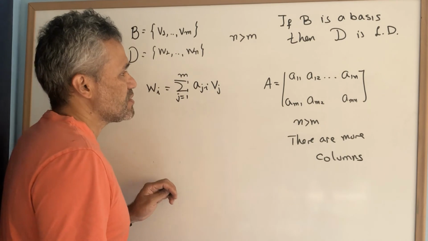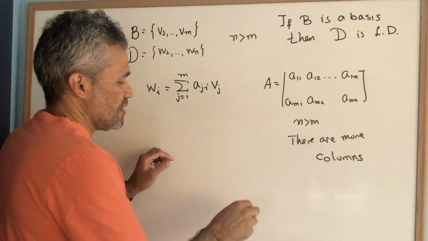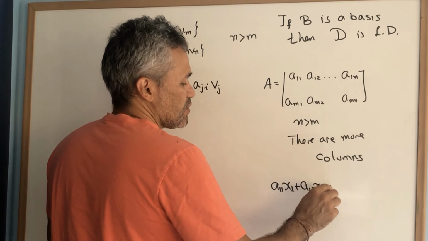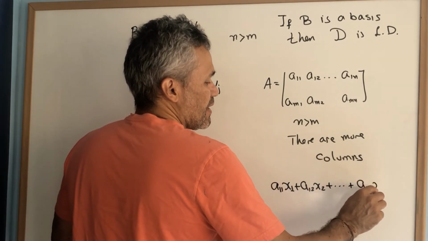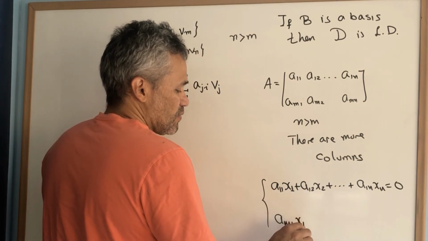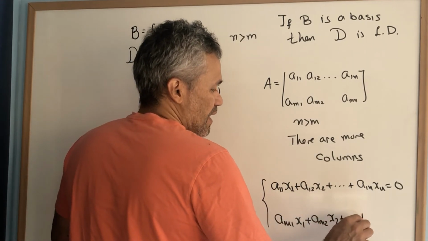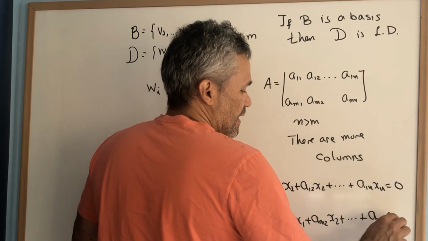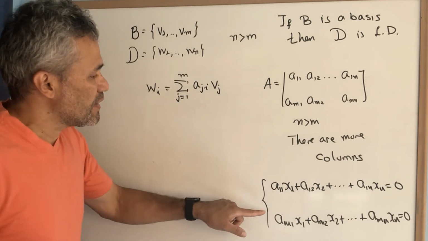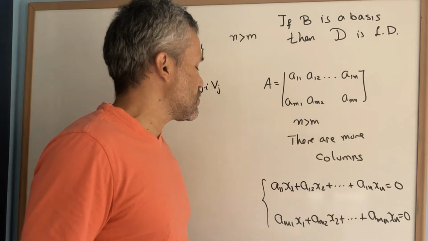And therefore, when I consider the system of equations that comes with this, which is a11 x1 plus a12 x2 plus a1n xn equals 0, up to am1 x1 plus am2 x2 plus amn xn equals 0, we are completely sure that we can find a free variable, we can find a non-zero solution.